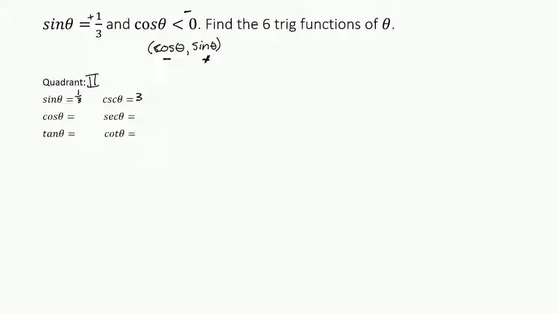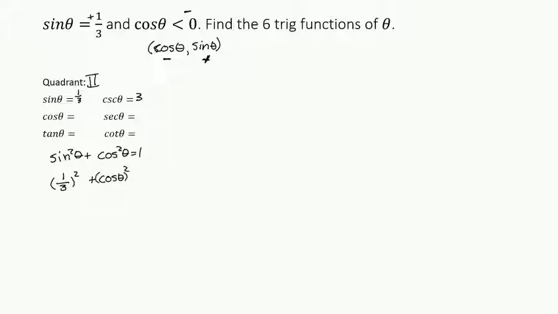So then the first identity that we're going to be using is sine squared theta plus cosine squared theta equals 1. So then if we rewrite that, that's going to be 1/3 squared plus cosine of theta squared.